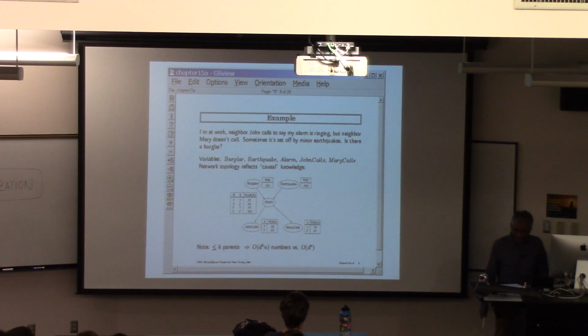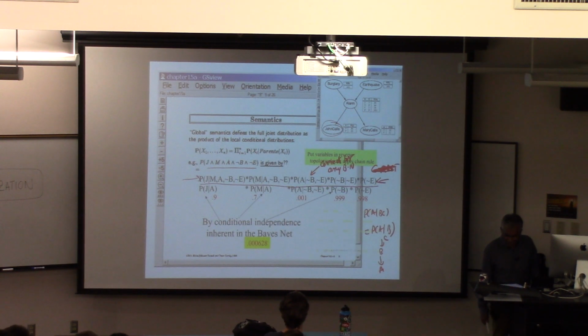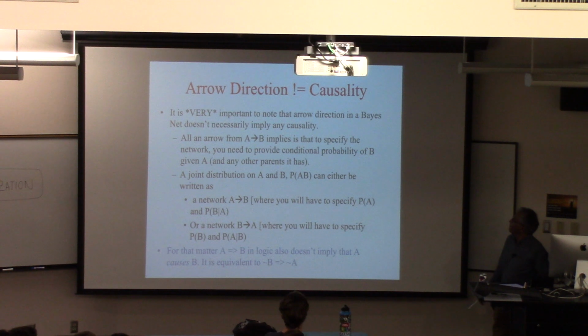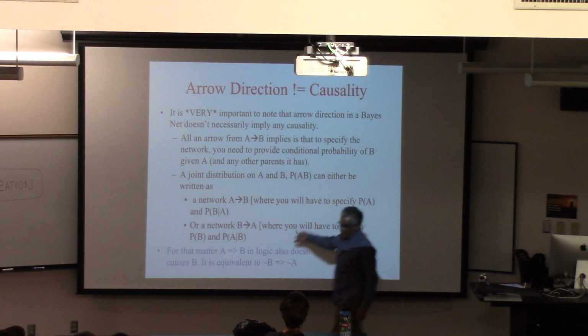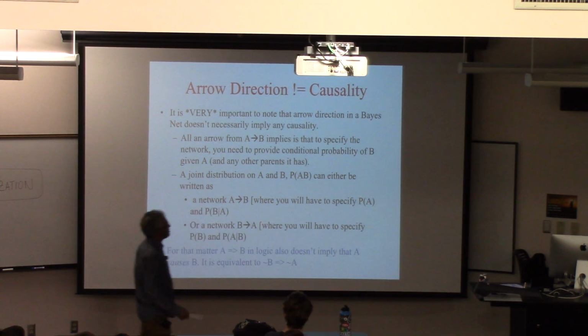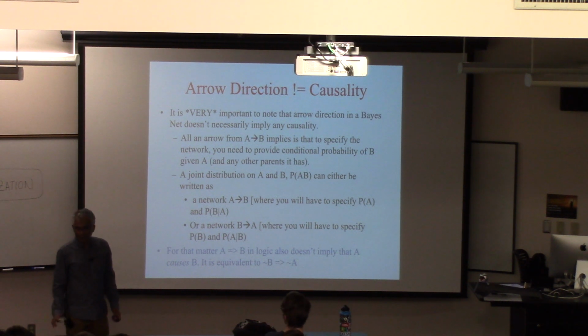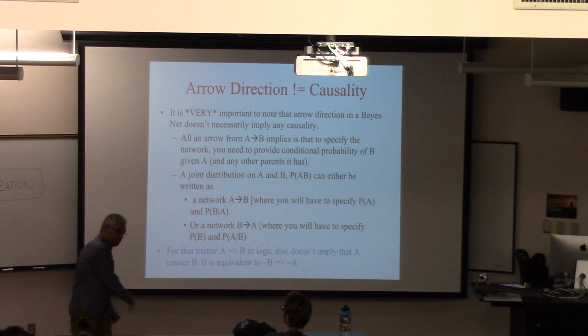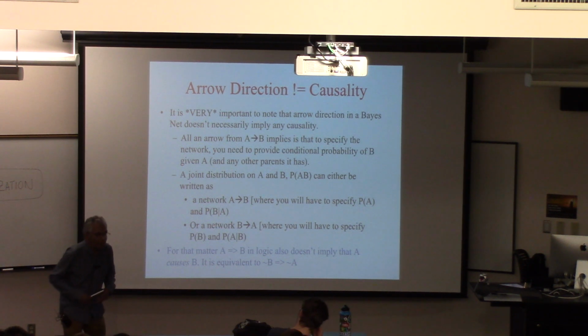The second thing that I want you to understand, okay, this stuff we already told you, and I said it a lot of times: that arrow direction has nothing to do with causality. Really, from a Bayes network semantics point of view, all the arrows are telling you is the topological order. And if you write the chain rule in the topological order, then you can simplify this multiplication using the conditional independence assertions that correspond to the Bayes network.